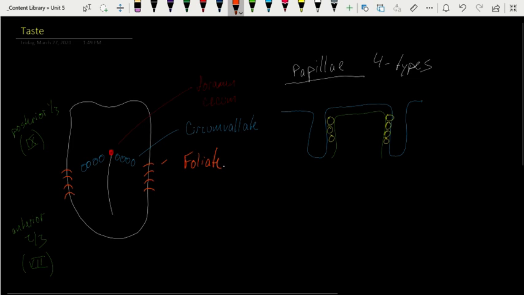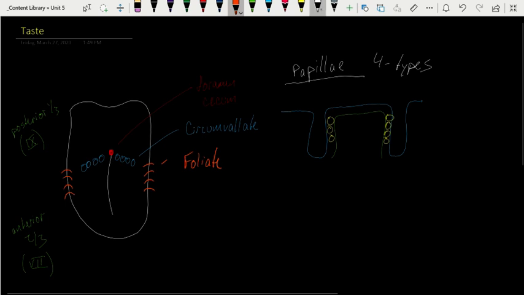Foliate just means leaf-like, right? So these are thin sheets that kind of look like leaves. And these are ventral folds on the sides of the tongue, 4 to 5 folds per side, and they are covered with lots of different taste buds.